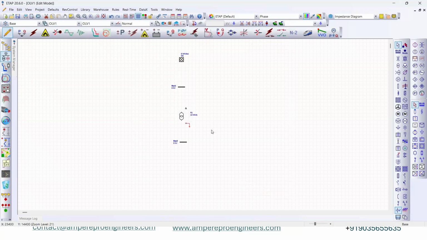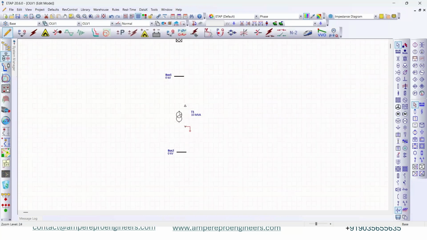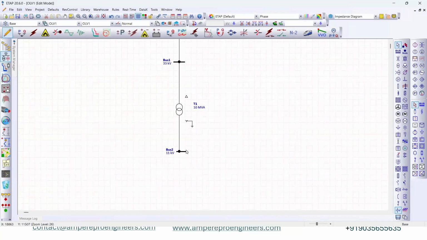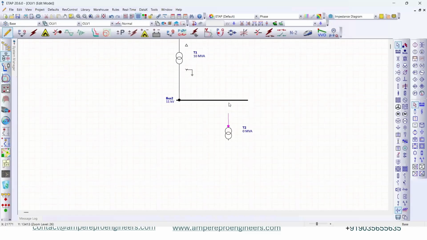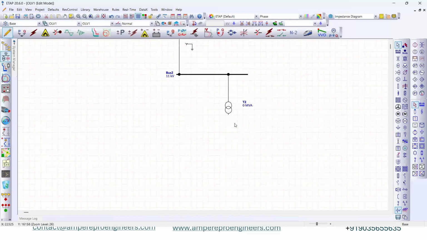So this is what we have. In this way we'll add one more piece of information here. I'll model it here so that it will be easier to understand at a later stage. That's why I'm doing it.